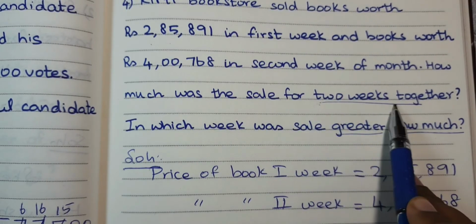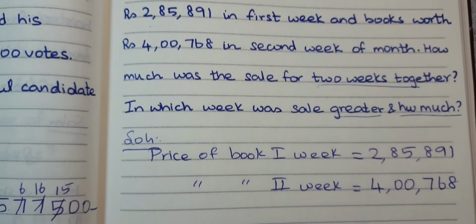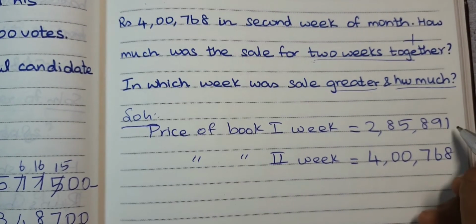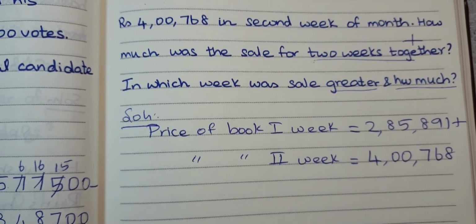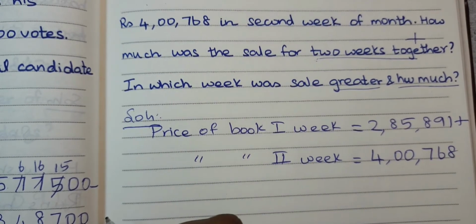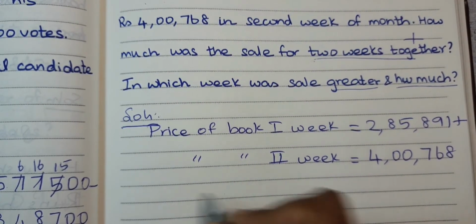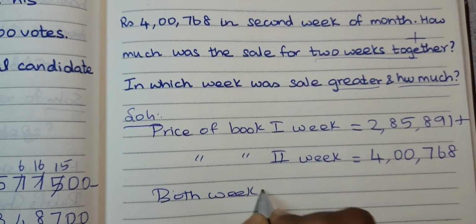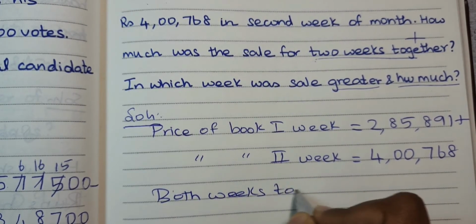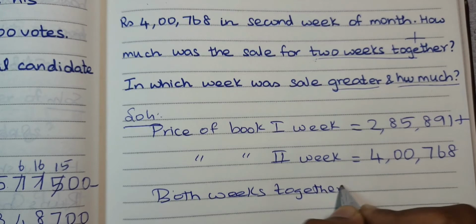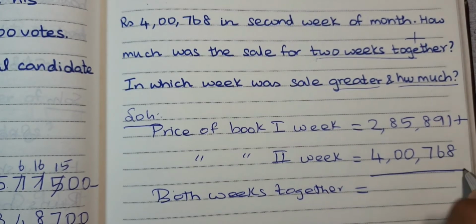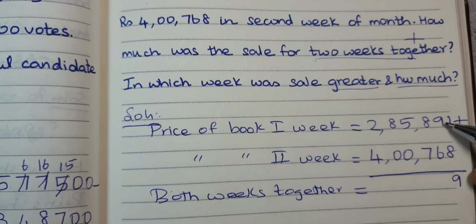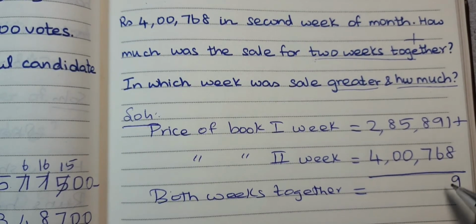Now I have to find the two weeks together, first and second week together. Together means addition, so I have to add these two numbers for both weeks together. Normal addition. 1 plus 8, 9. 9 plus 6, 15.